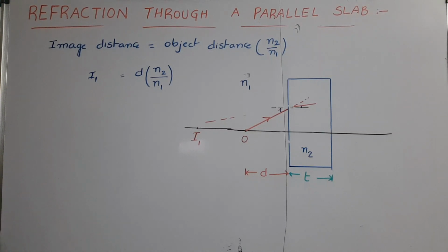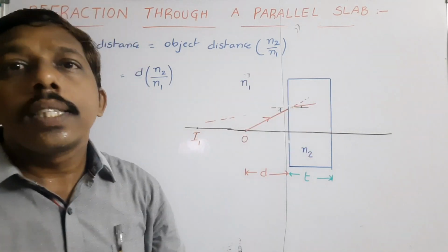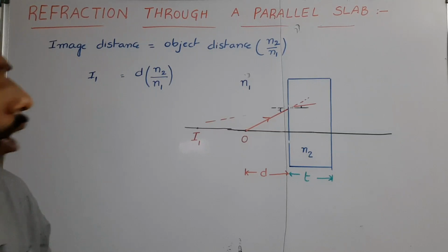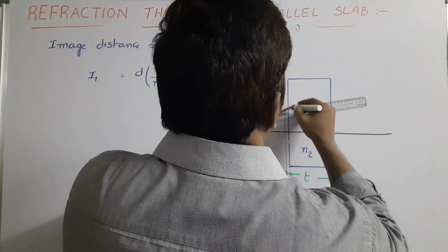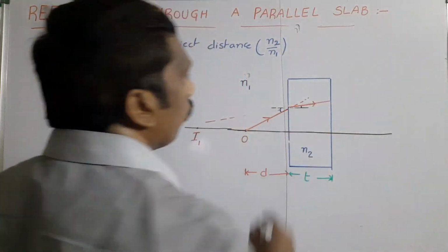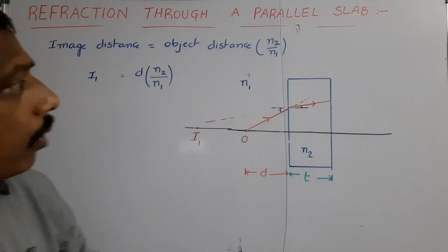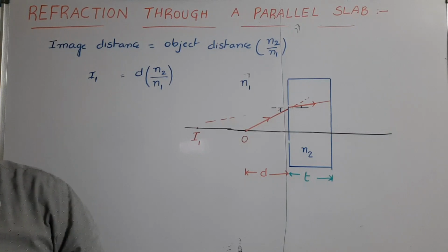Now this image acts as an object for the second surface. This light ray is going and is incident on the second surface like this. Here it travels again from one medium to another medium. We should draw one normal at that point.